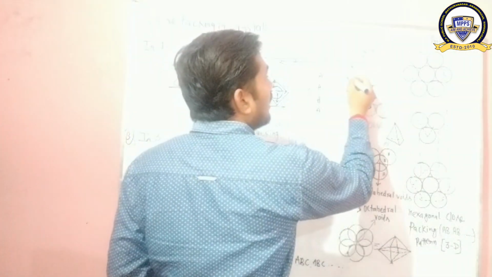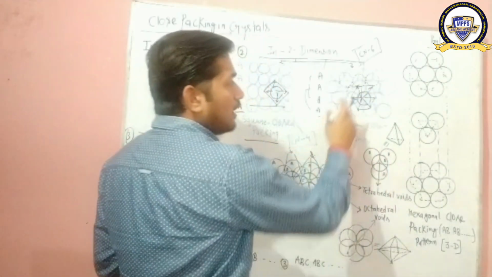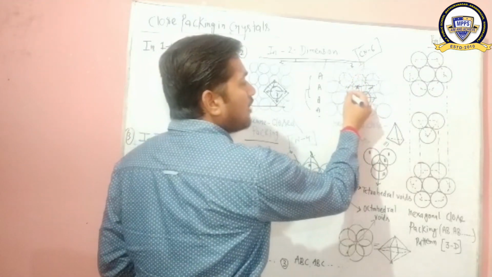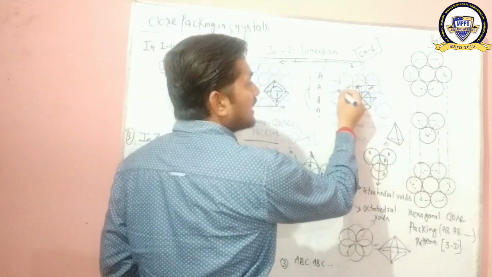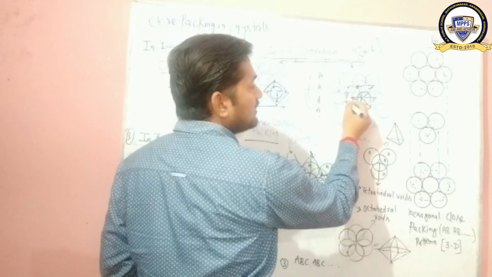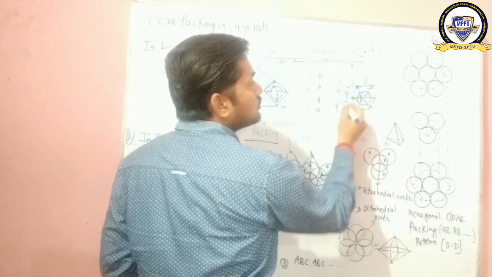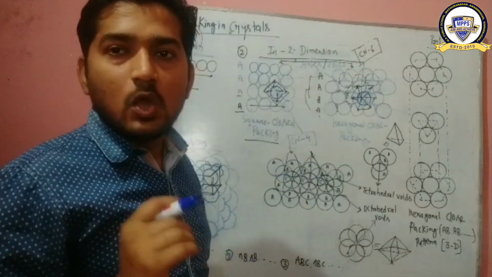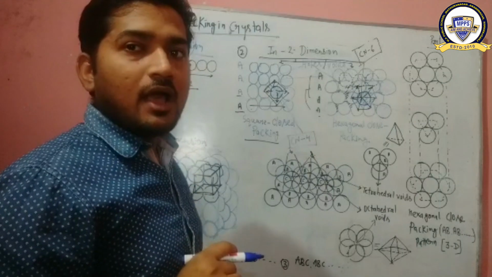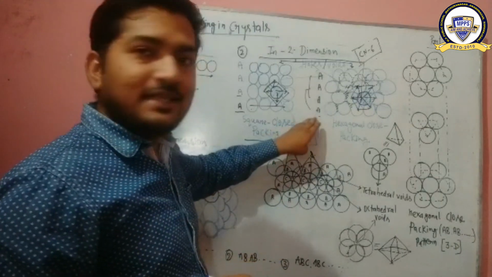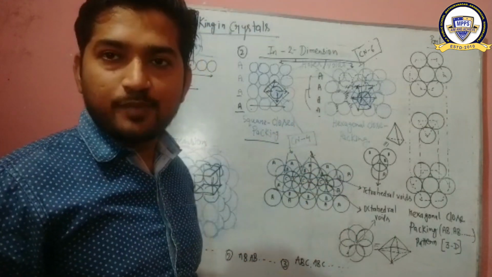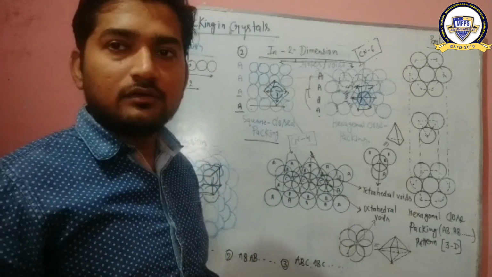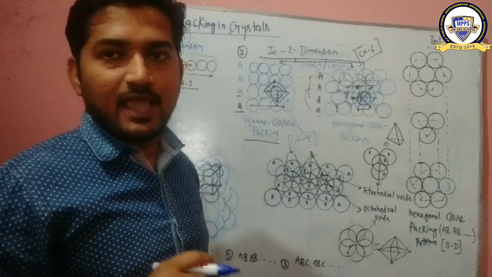So first one, if you look at here, in this ball there will be a vacant space, and these vacant spaces are known as voids or holes, and in case of hexagonal close packing, it is denoted by a specific letter, that is A and B.